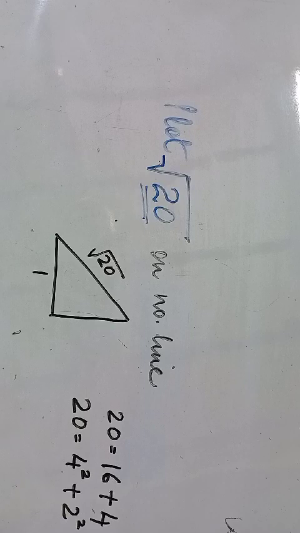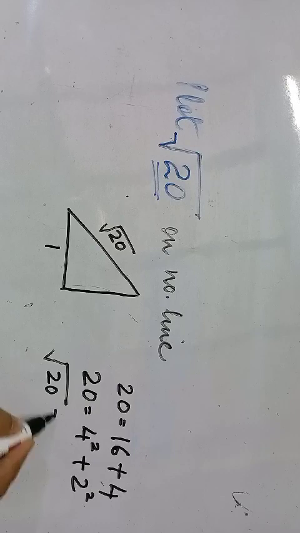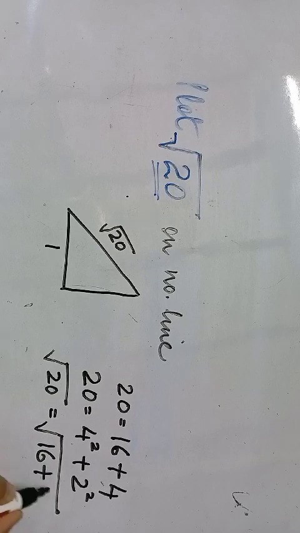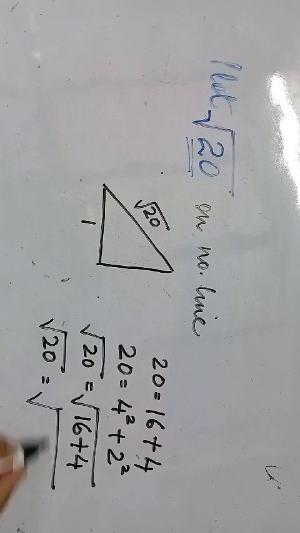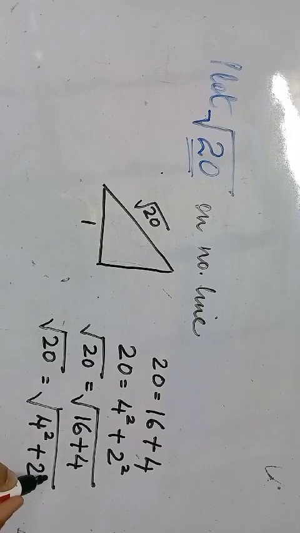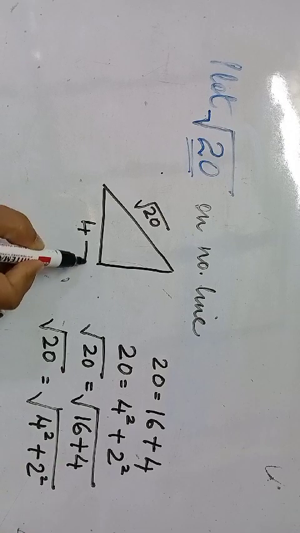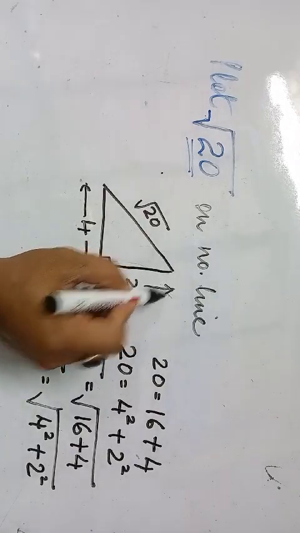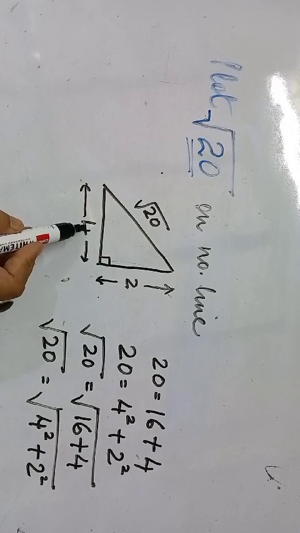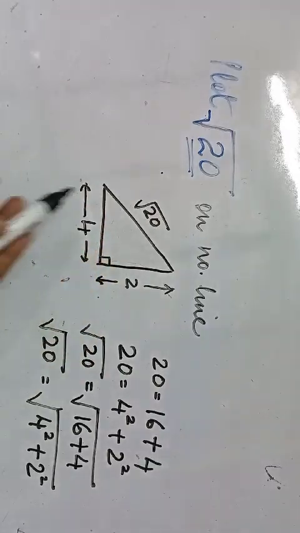Root of 20 will be root of 16 plus 4, so you can have root 20 as root of 4 square plus 2 square. Essentially, that means your base will be 4 units and your perpendicular will be 2 units. So 4 square becomes 16, 2 square becomes 4, 16 plus 4 becomes 20, so your hypotenuse becomes root 20.